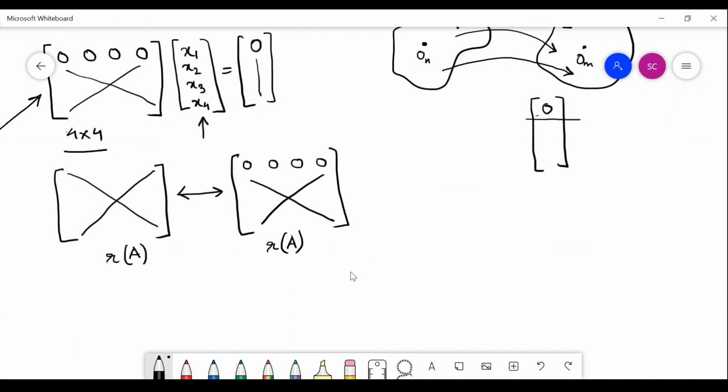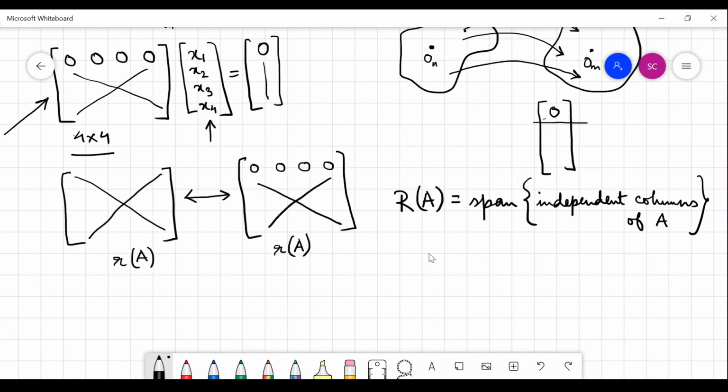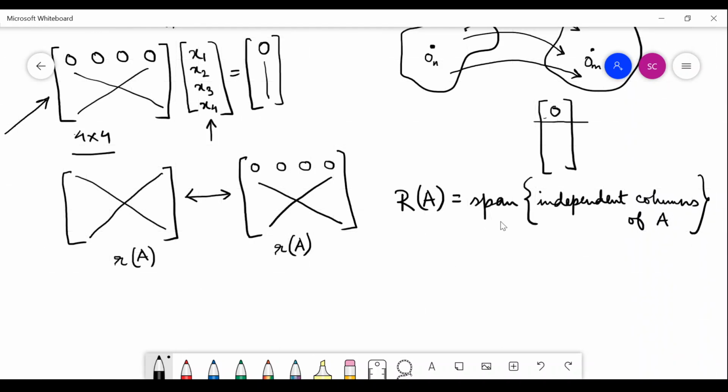So the range space basically becomes the span of the independent columns of matrix A. You would be able to figure out the independent columns by doing the column operation, that would form the basis of the range space of the matrix A.